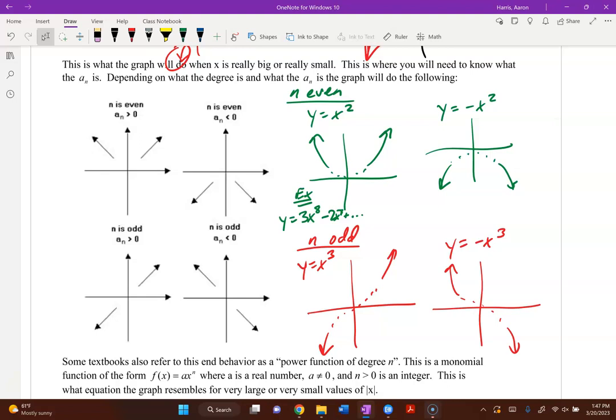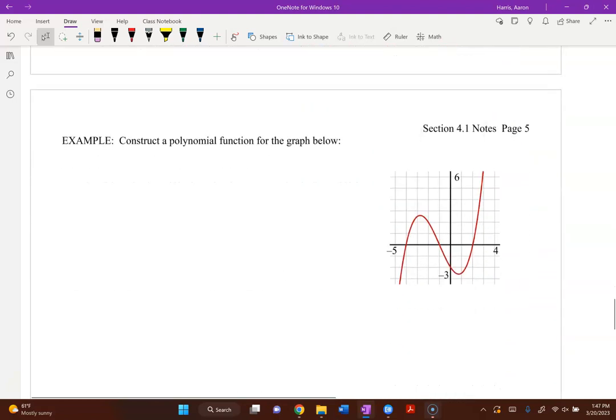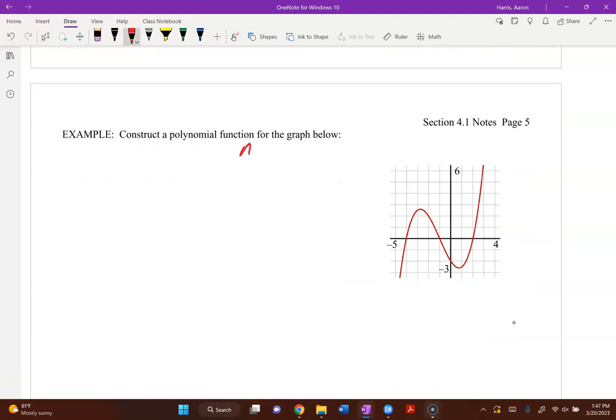Is it like the one on the left in red or the one on the right in red? Left. Good. So you know the leading coefficient. So the degree is odd and the leading coefficient is positive, right? So once we construct this, if we screw that up, that's one way to check it, right? When we construct this thing, you better have that.